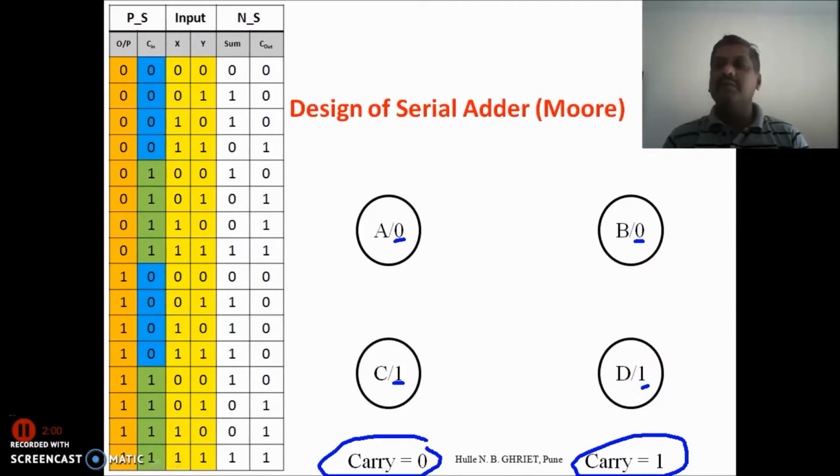That's why the number of states is larger in the Moore design as compared to the Mealy design, because in the Moore design, outputs are fixed to the stable states.